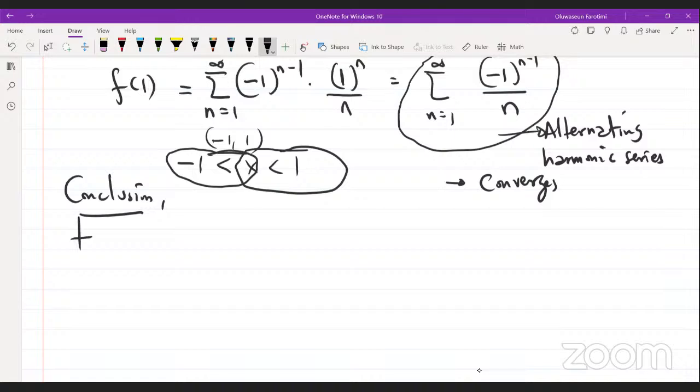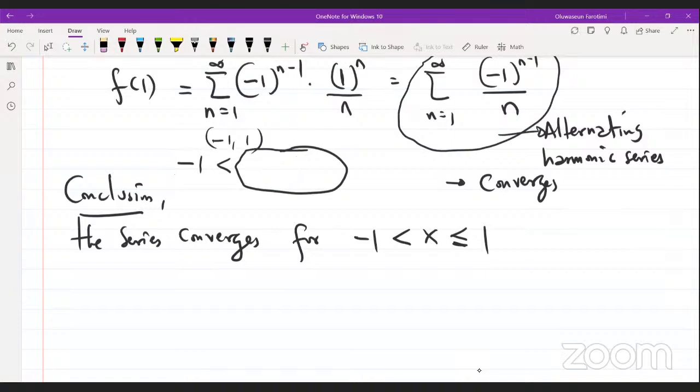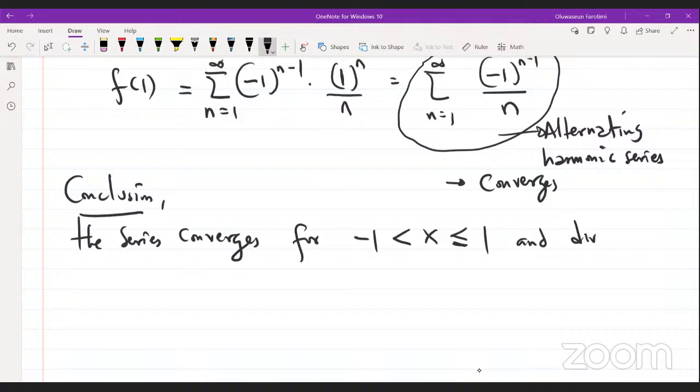So conclusion, the series converges for negative 1 less than x. Now that point where it converges, it must include that point. So that means you have a less than or equal to 1. So you always include that endpoint where it converges, and diverges elsewhere.